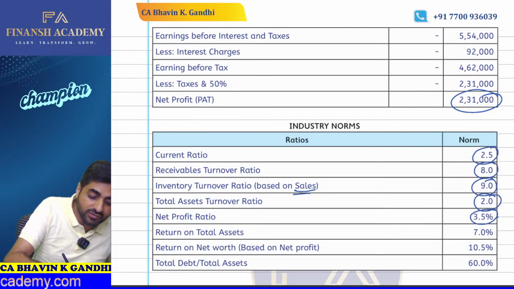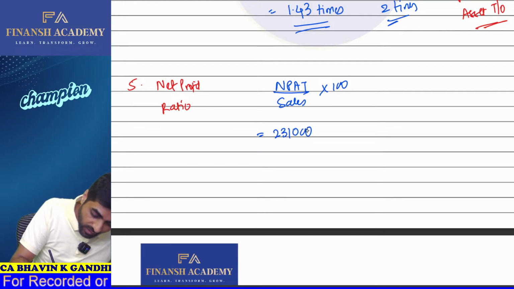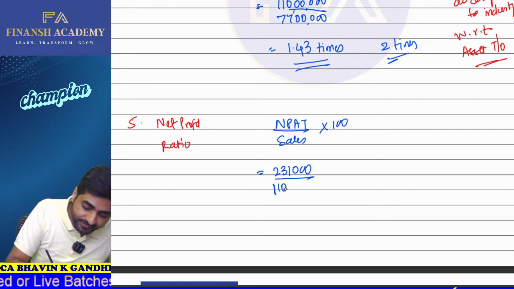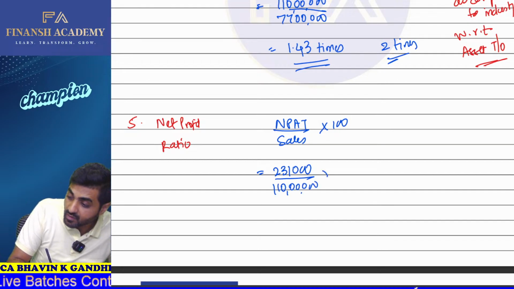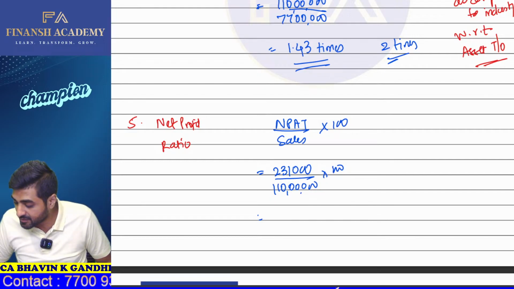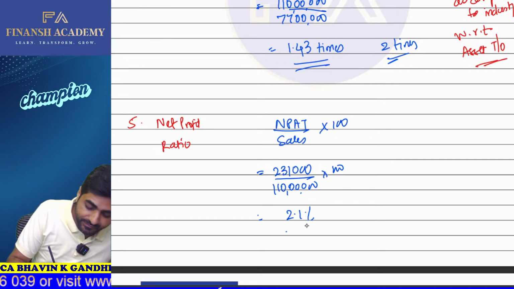NPAT is 2,31,000 and sales is nothing but 1 crore 10 lakhs. So this will be 2,31,000 divided by 1 crore 10 lakhs into 100. So this will be nothing but 2.1%.